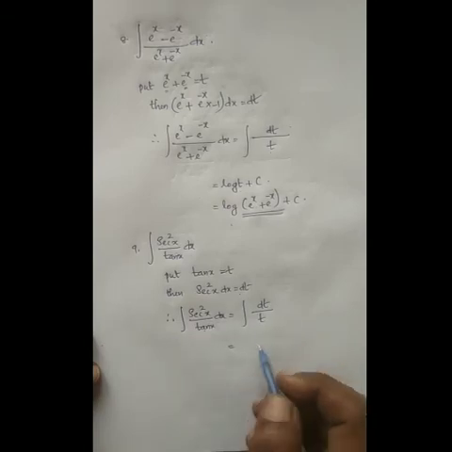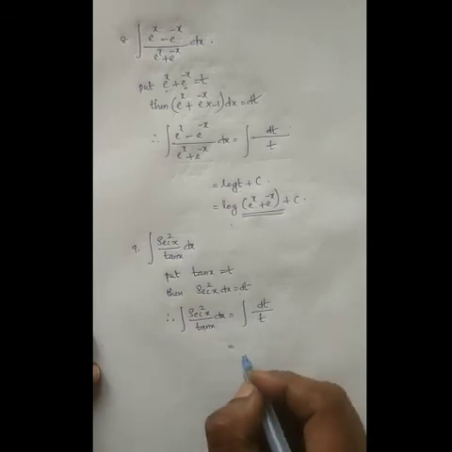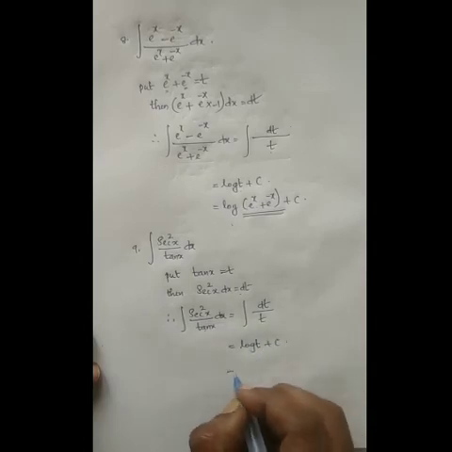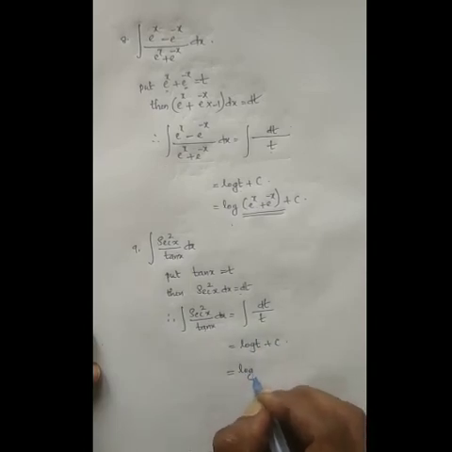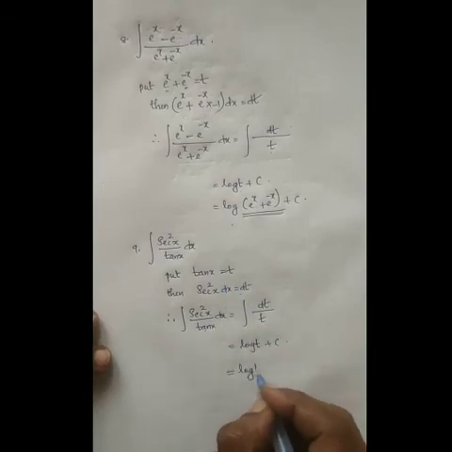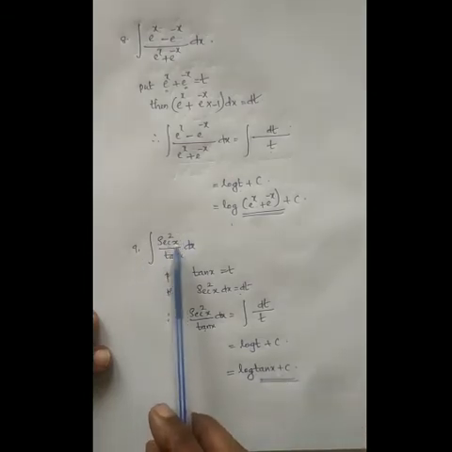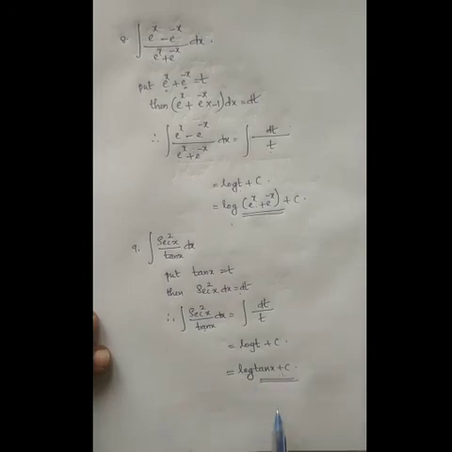And we know that integral of 1 by t dt is log t plus c. Here t is tan x. Therefore, log tan x plus c. And integral of sec square x by tan x into dx is log of tan x plus c.